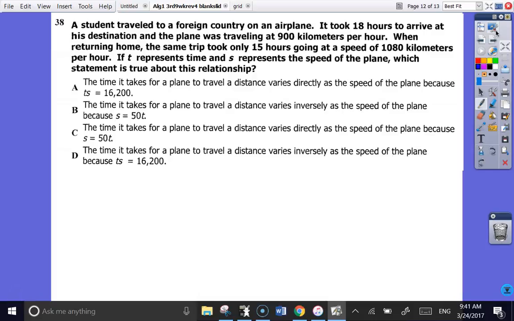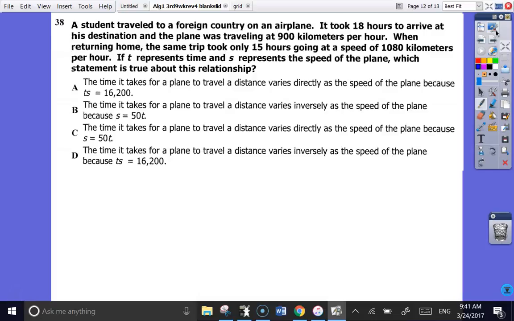If t represents time and s represents the speed of the plane, which statement is true? Letter A, the time it takes for a plane to travel a distance varies directly as the speed of the plane. So they're trying to get us to say, does this sound like a direct variation or inverse variation?